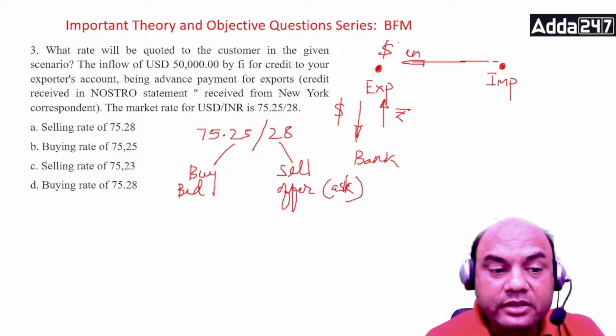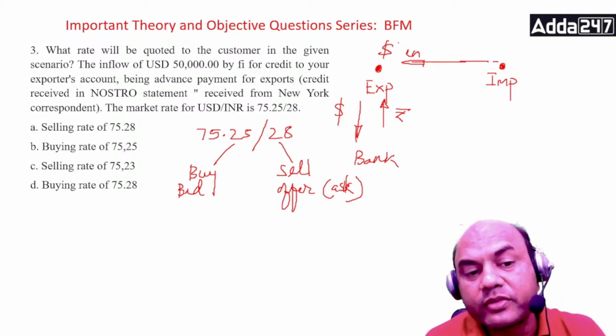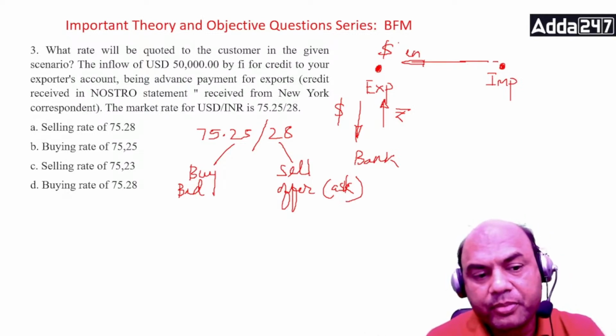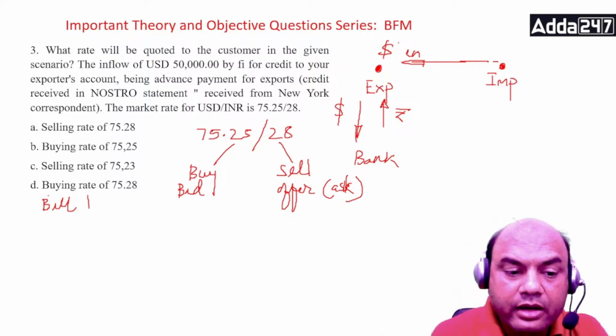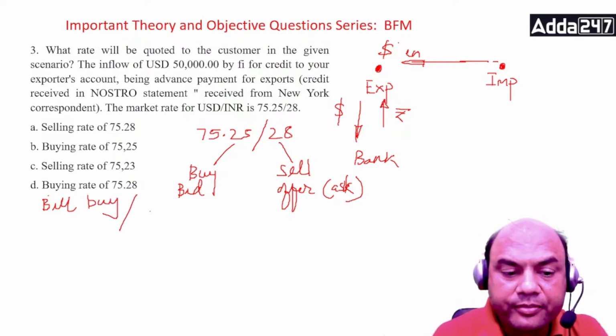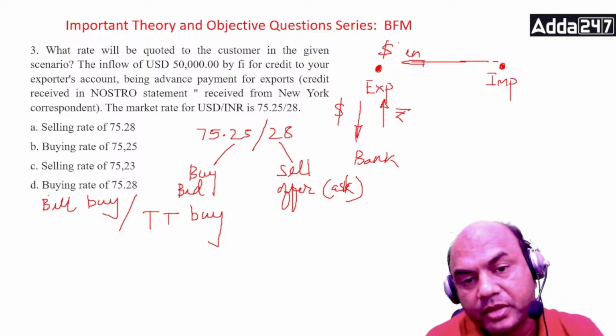Now in this question, it's not given, but I'll ask you over here. Will you be using the bill buy rate or will you be using the TT buy rate? What will you use over here? Bill buy or TT buy? Think over it.